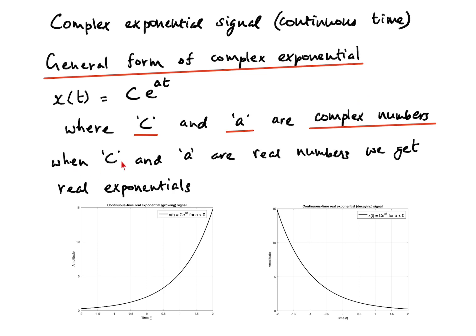When we had these as real numbers, we got real exponentials, which we saw in the previous lectures. These are the plots for the real exponential signals, when a is 0 or greater than 0, and when a is less than 0. When a is positive it's a growing exponential, and when a is negative it's a decaying exponential. Today we will focus on the case when c and a are complex numbers.